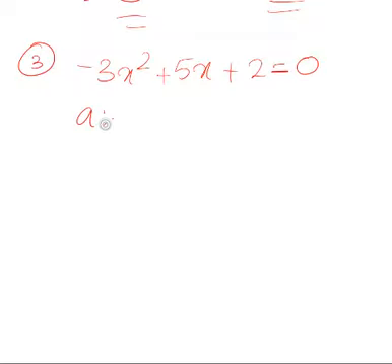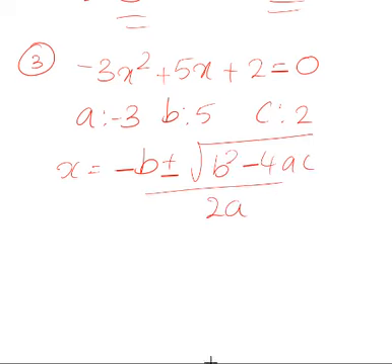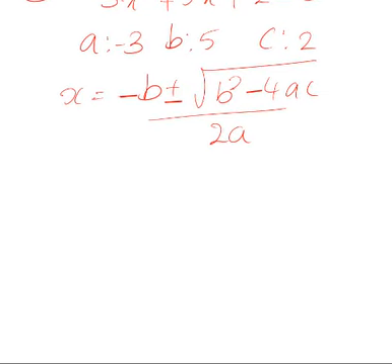So here a is -3, b is 5, and c is 2. So the quadratic formula is x is equal to -b plus or minus root b square minus 4ac over 2a. Then we can substitute the values here.